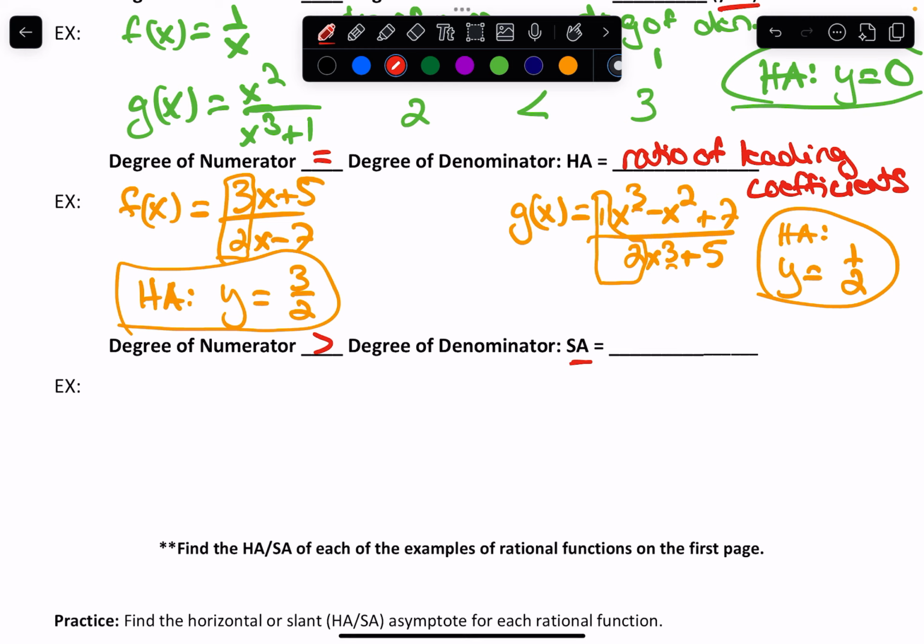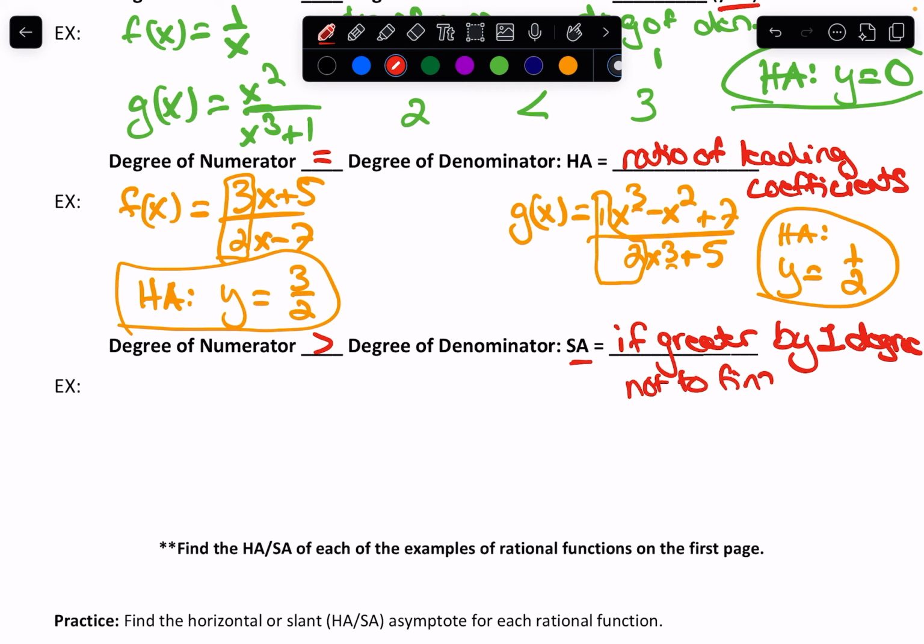We're not going to be solving for the slant asymptote in this course. Notice if it's greater by 1 degree, then we have a slant asymptote. And again, not to find, only to recognize.